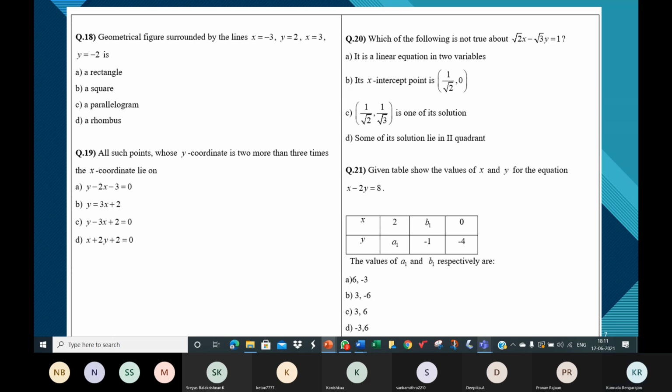Next, the x-intercept is 1 by root 2. So what is this 1 by root 2? The value of root 2 is 1.414, right? So 1 divided by 1.414. Somewhere it will be less than 1, because it's a proper fraction, right?